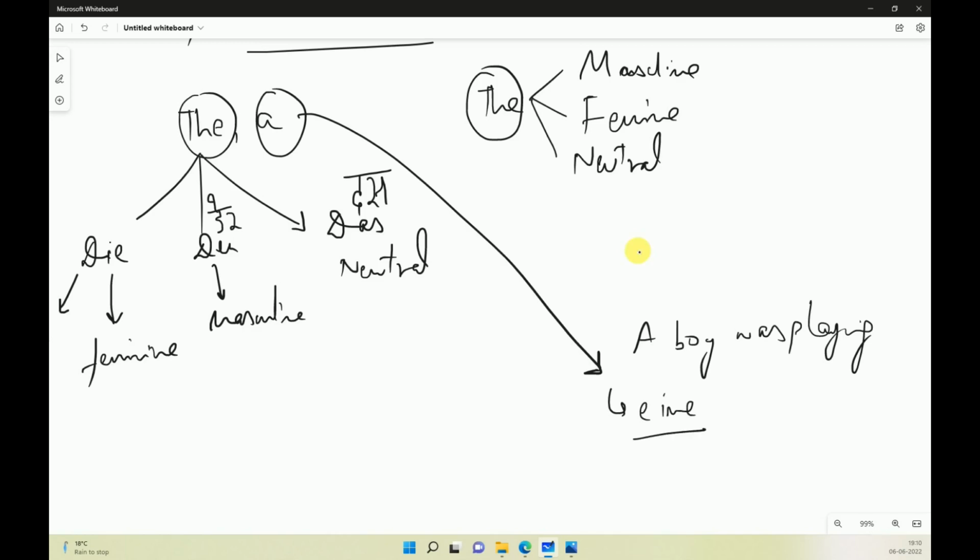Einen. Yes, right. So this ending, einer, einem, eines, these all will differ on the situation basis, which we'll talk about later on. But as of now, you just remember that this "a", which is there in English, converts to ein, and then there will be multiple modifications, right? So this is the basic structure.